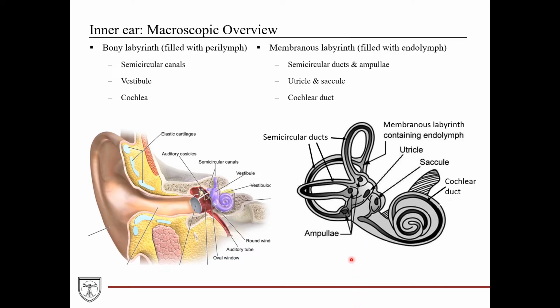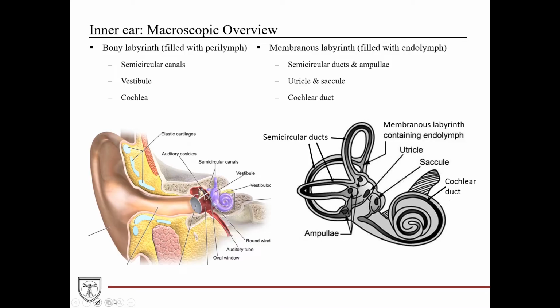The special sensory structures of the utricle and saccule, indicated by these dark ovals, are called the maculae. The maculae within the utricle and saccule are oriented in perpendicular planes to each other, and these maculae are specialized to sense the linear position or movements of our head in either vertical or horizontal plane.